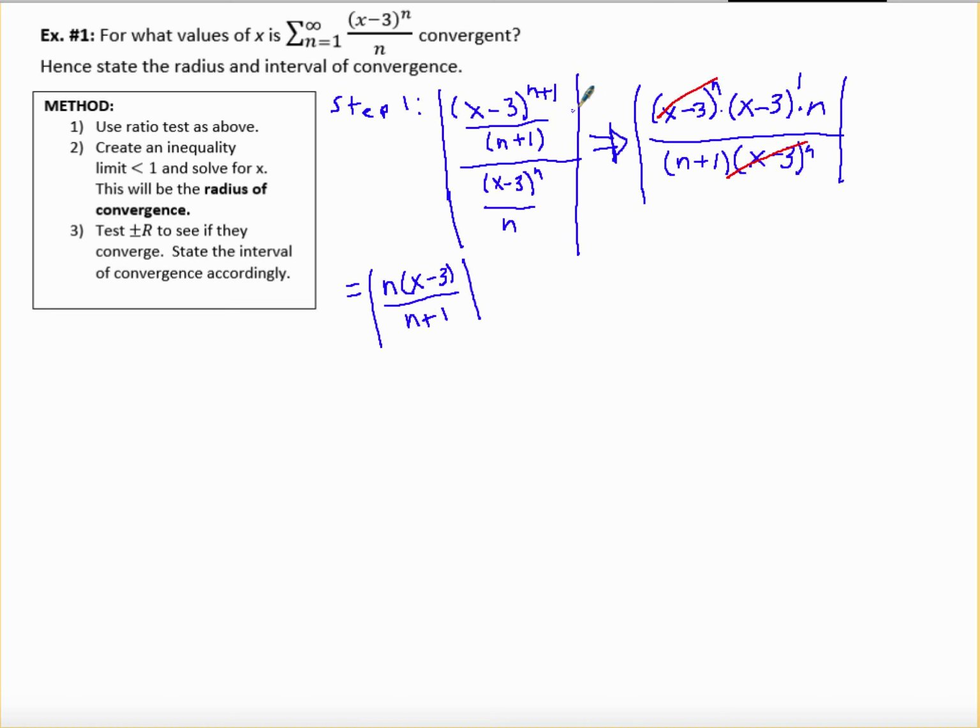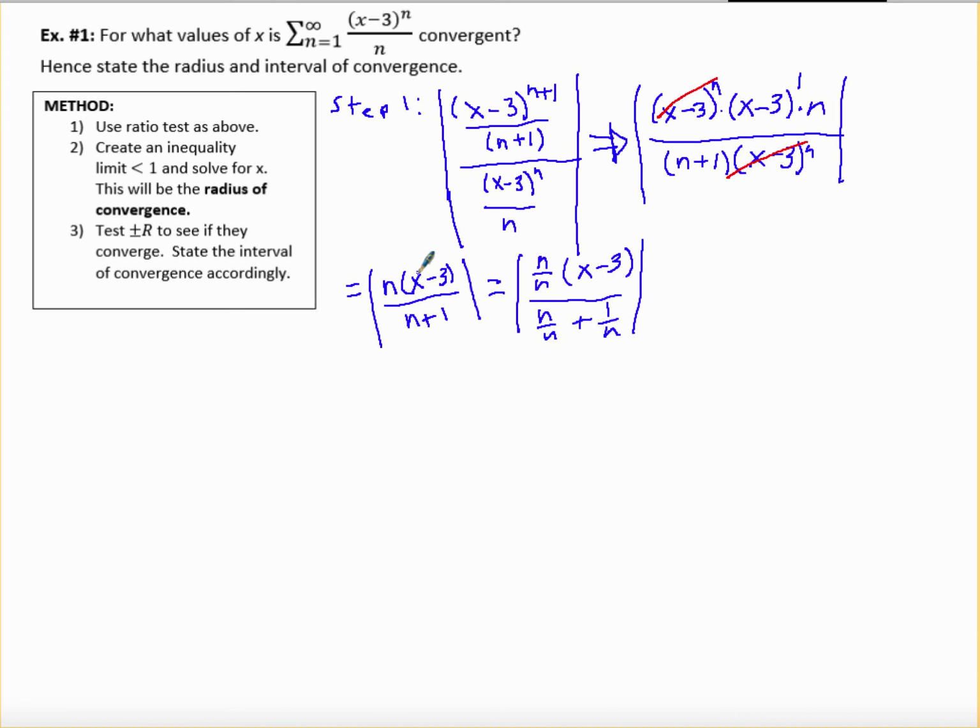You know, we're going to have to take the limit to do the ratio test anyways. So I can have a dividing by n party right now. So let's do that. If I divide everything by n, I'm going to get n divided by n times x minus 3. And I'm going to have n divided by n plus 1 divided by n. Now you might be thinking, Mrs. Drajewski, why in the world didn't you divide both of these terms by n? Remember, this is a product, so we've got n times x minus 3.